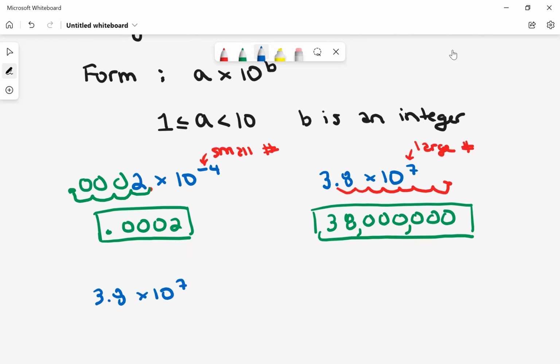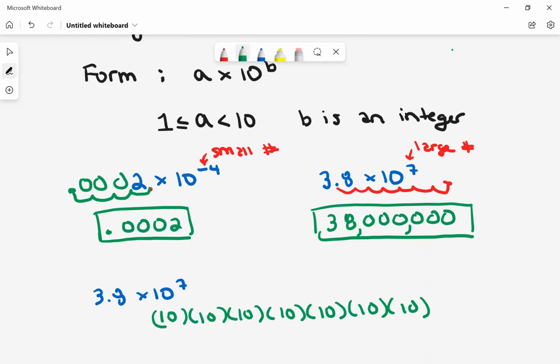So if you multiply 10 seven times, 1, 2, 3, 4, 5, 6, 7. And you're multiplying it by 3.8.